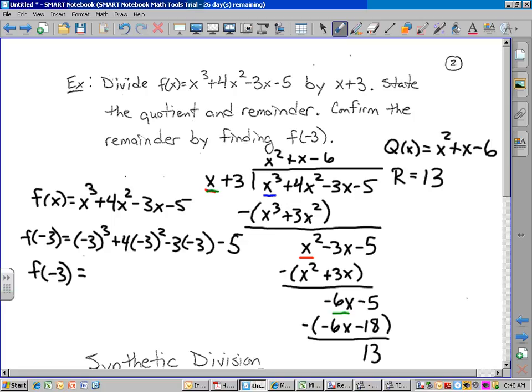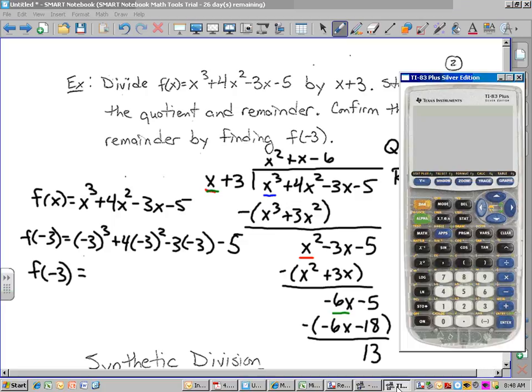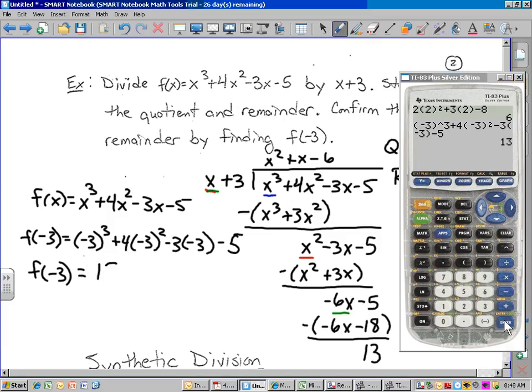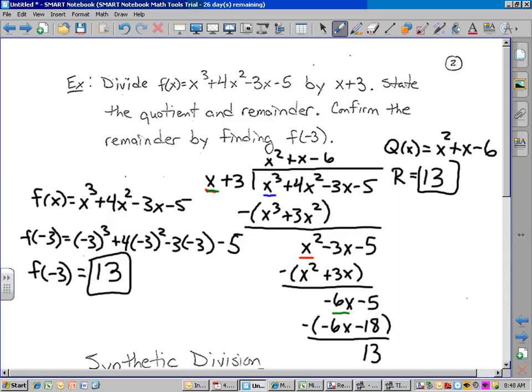That equals 13. So we have confirmed that the remainder is the same if we use the remainder theorem just by finding f of negative 3.